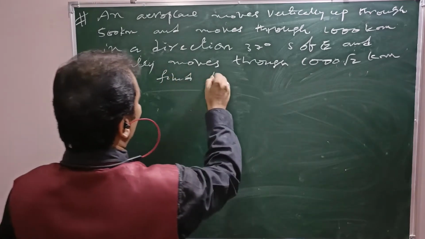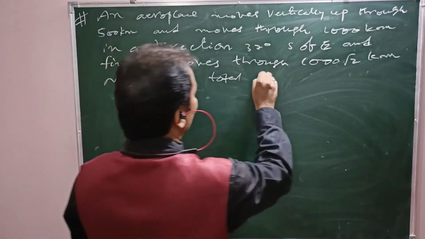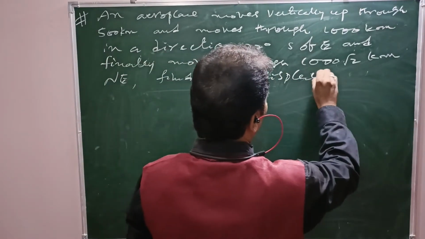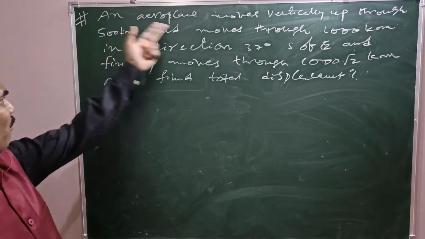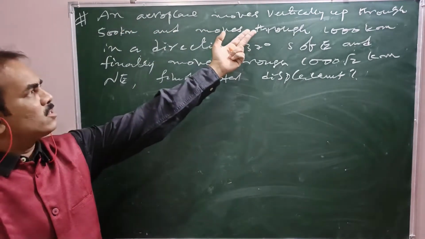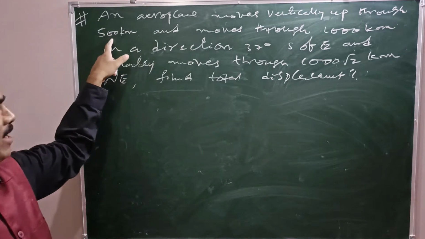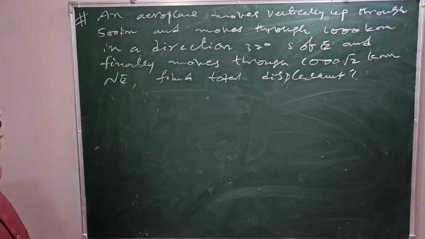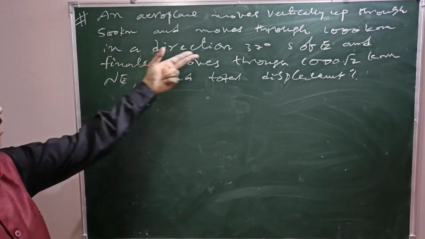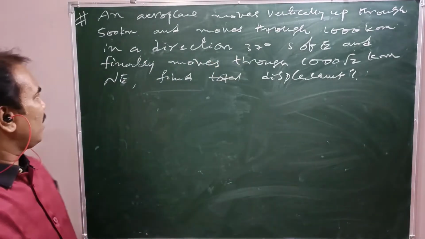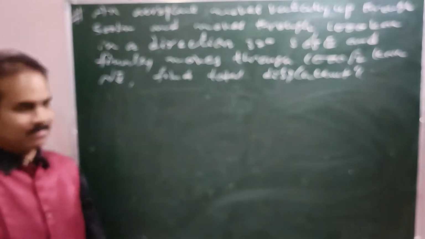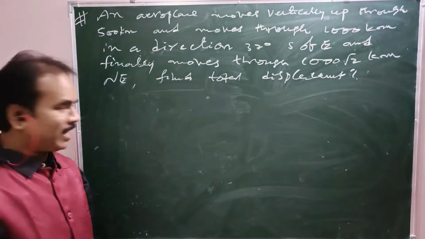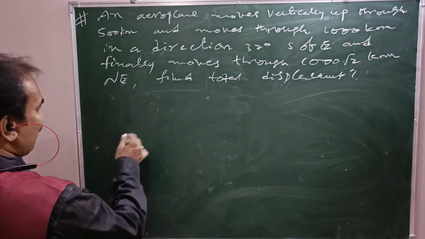Find total displacement. This is the given question. An aeroplane moves vertically up through 500 kilometers and moves through 1000 kilometers in a direction 37 degrees south of east, and finally moves through 1000 √2 kilometers northeast. Find total displacement. Right?